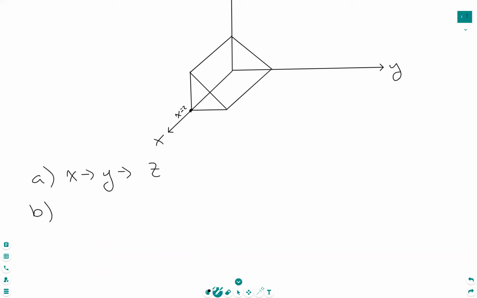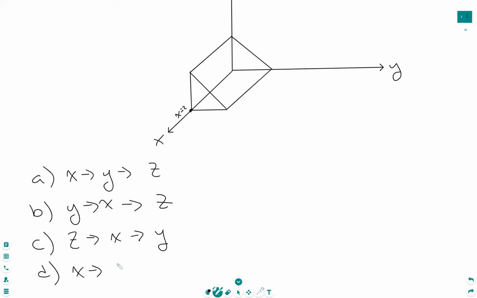We can also do y, then x, then z. We can also do z, and then x, and then y. We could also do x, and then z, and then y.